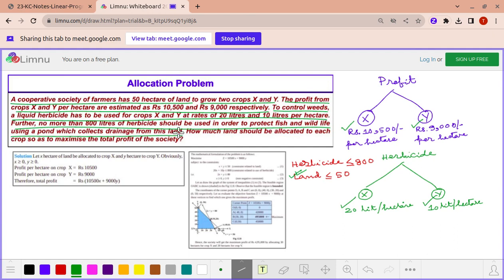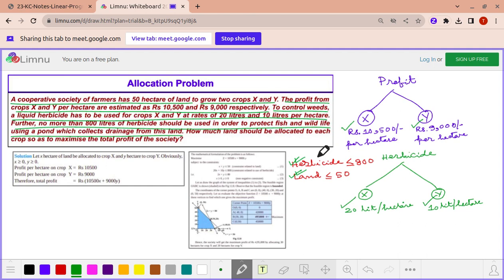Okay, so the herbicide drains from the land to the wildlife, so the fish and wildlife should be protected. Okay. From the drain of the land it actually goes to this wildlife. So that's why the herbicide can be used maximum of 800 liters.